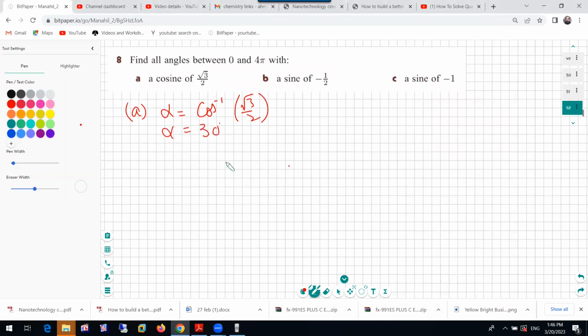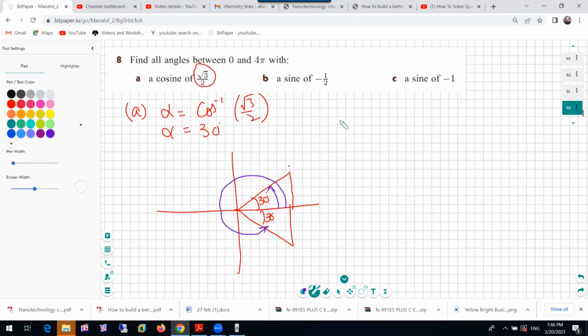Now create the quadrants. Where is 30 degrees? It's a positive value, and cos is positive always in the first and the fourth quadrant. So 30 degrees will be here. It's 0 to 4 pi, so the first values will be within 2 pi, obviously, the first and the second.